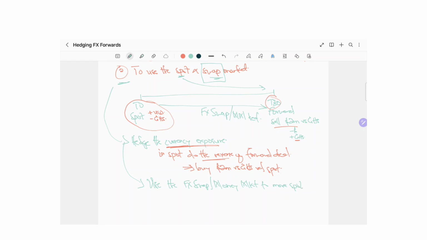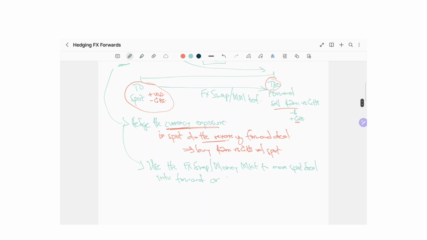To move the spot deal into a forward. Or what you are using the swap to do is to hedge the interest rate exposure.